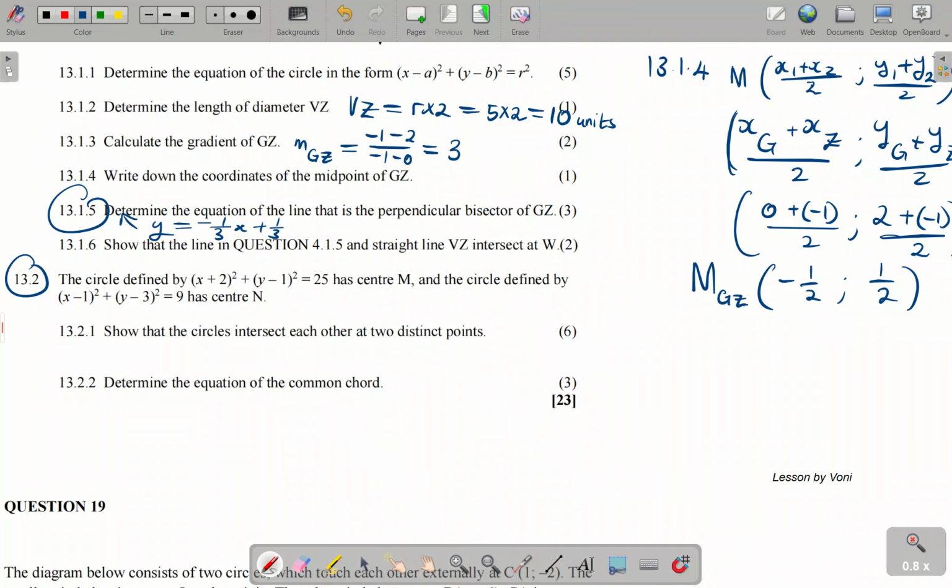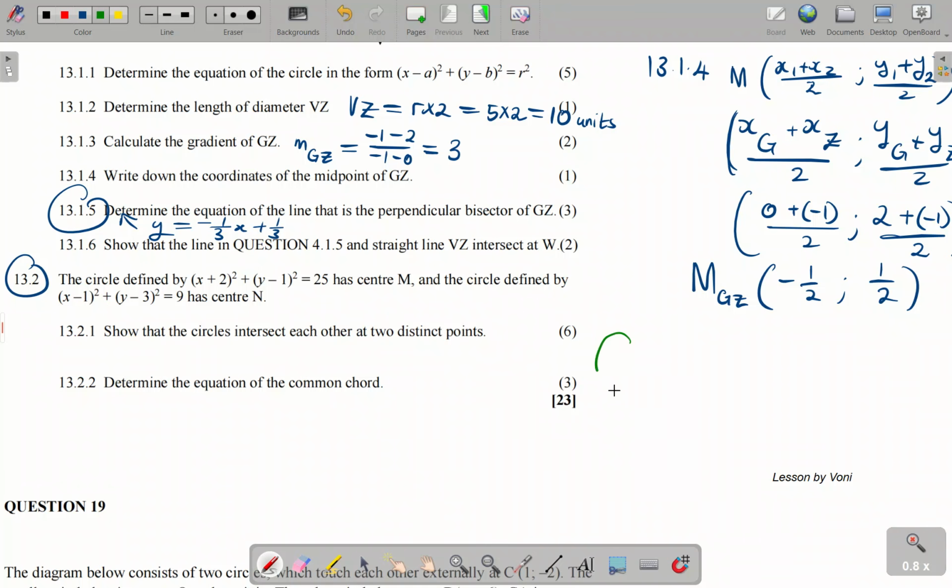This is where, guys, remember I first introduced you to the intersections of circles, before we tackled this question. And what I said is this: whenever they say that you have two circles that intersect each other, you have to look at three options.